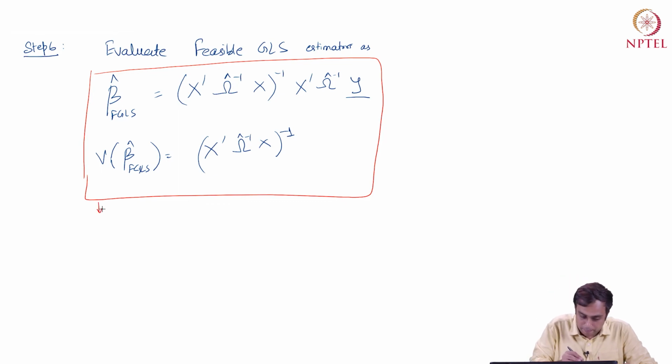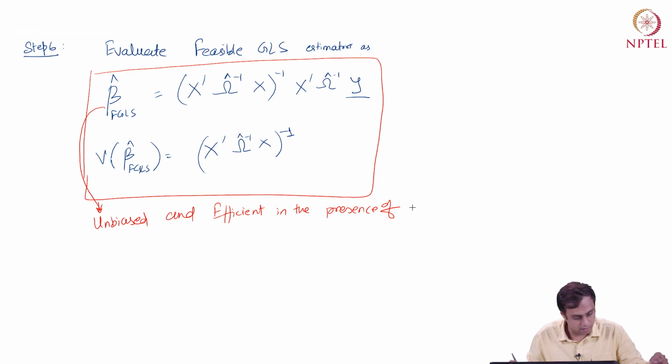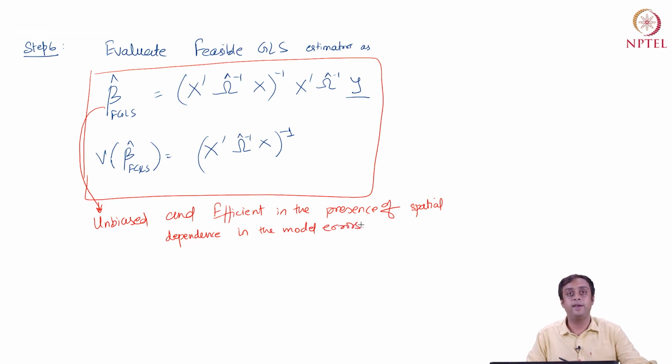So beta hat FGLS is unbiased and efficient in the presence of spatial dependence in the model errors. Okay, this is very interesting.